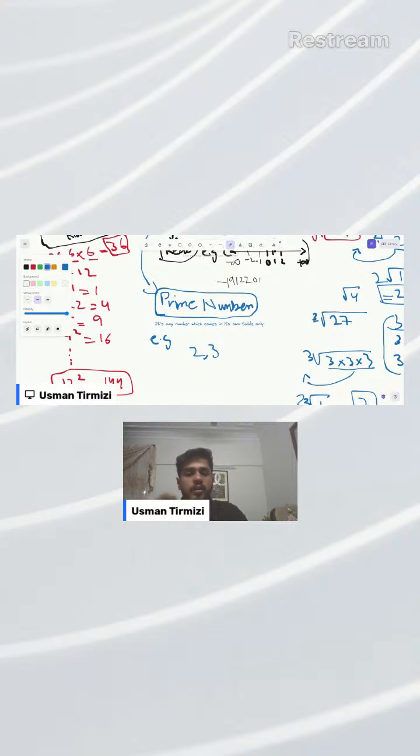No, it can only be divided by itself and 1. So 3 cannot be divided either. Can anyone of you answer if 4 is a prime number? Is 4 a prime number? That's my question.